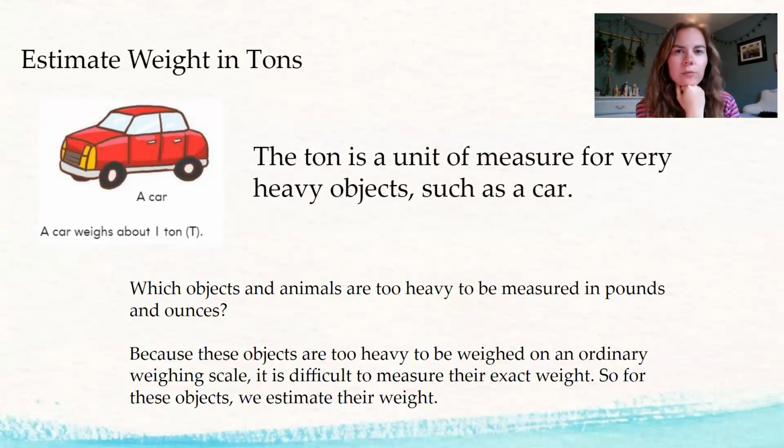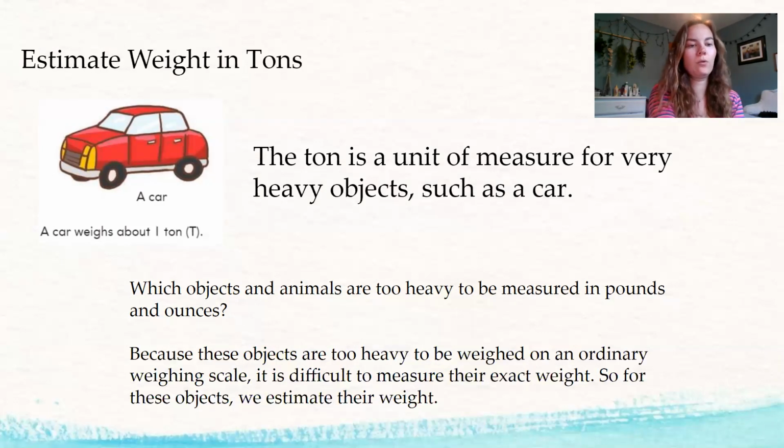Do you think you would weigh your dogs, your pets, in pounds, in ounces, or in tons? You would weigh dogs and cats in pounds. Tons are very, very large, and even if you had a big dog, it wouldn't weigh 1 ton. That would be really, really heavy.